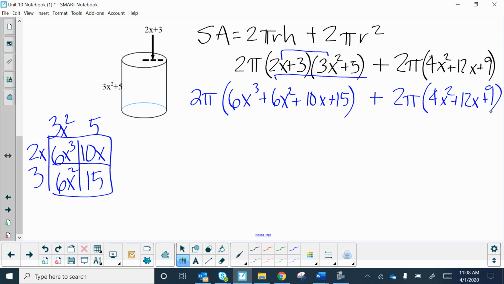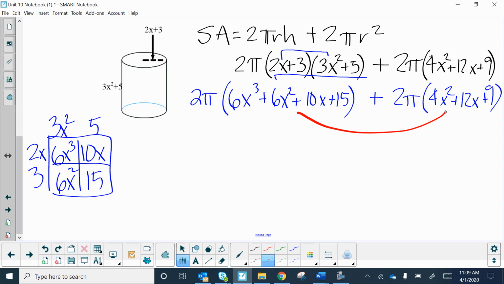So 2 pi times all of that plus 2 pi times all of that. Now, here's one thing that we can do. Since both of them involve 2 pi, you can factor out the 2 pi and then combine these two right here.